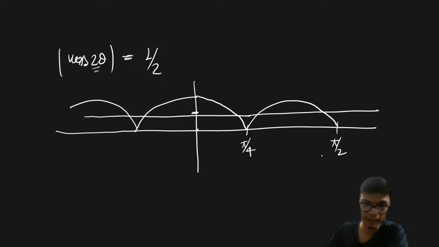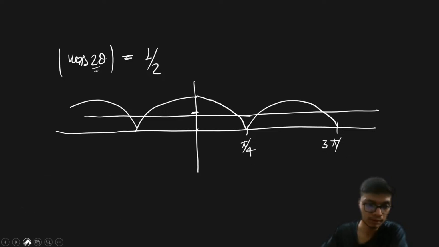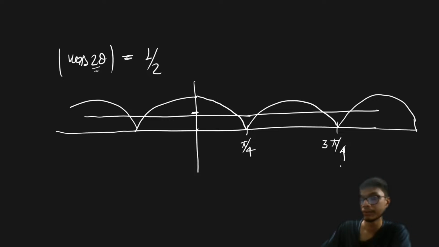Please correct me if I'm wrong anywhere. This is going to be 3π by 4, and similarly there is 1.